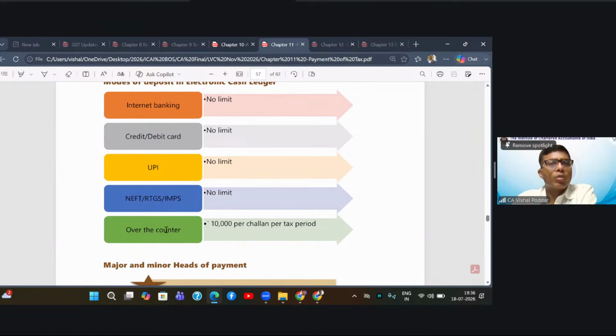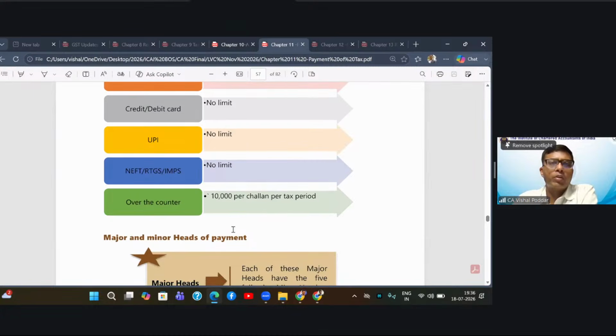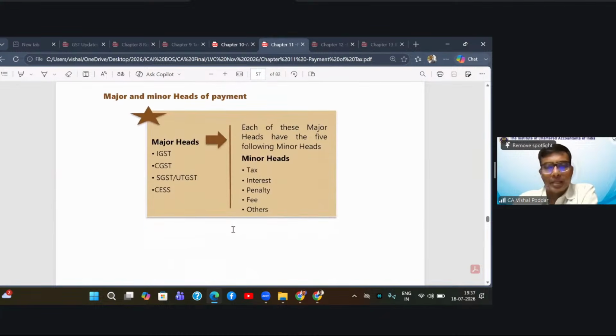But where you are going to the bank and either using cash or cheque, which you are going to give over the counter, the limit is 10,000 per challan per tax period. So the maximum amount that you can deposit in your cash ledger using the cash or the cheque medium is 10,000 per challan per tax period.